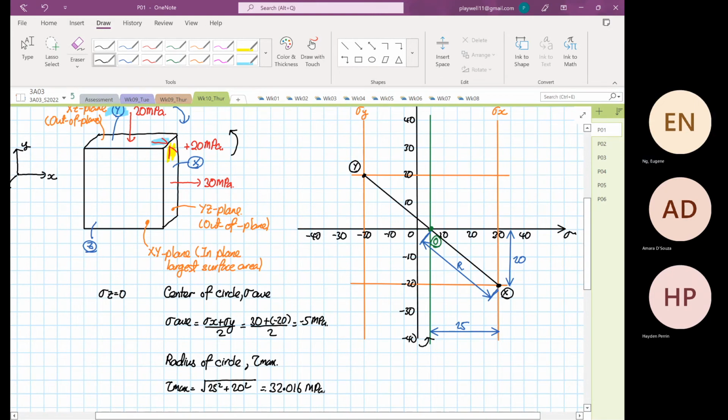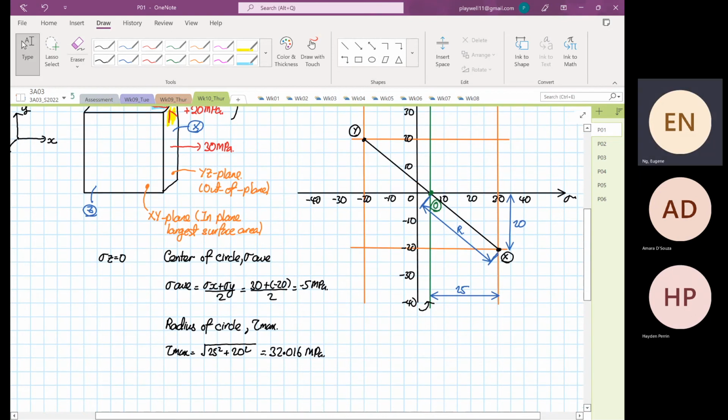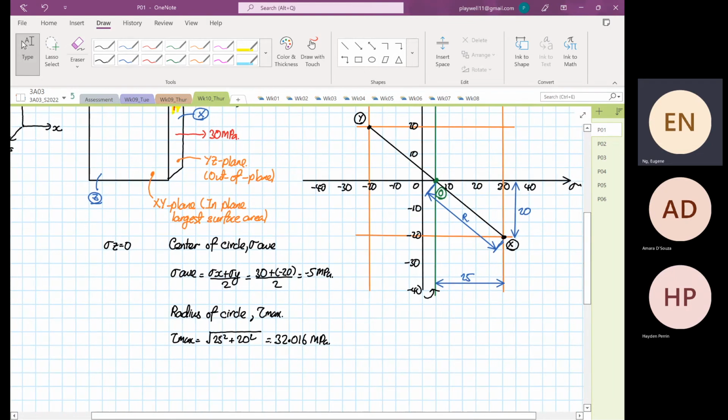And we also want to calculate our principal stress. What we try to identify here is always our principal stress. On a 3D Mohr circle, principal stresses are always known as stress A and B. So these are your principal stresses.